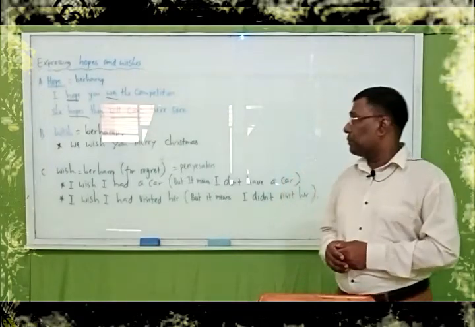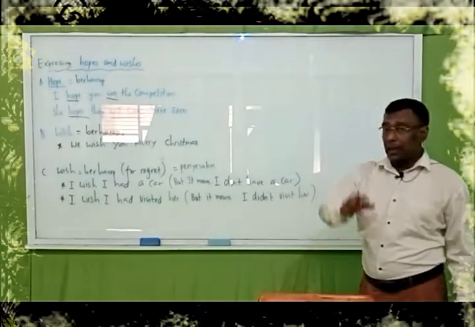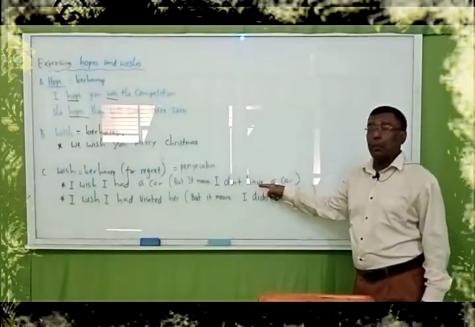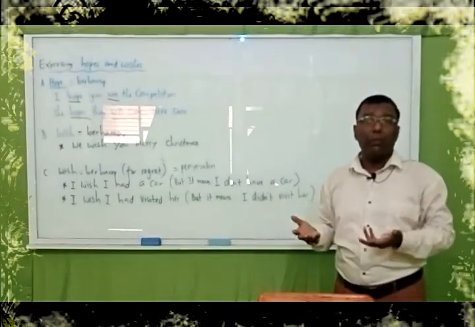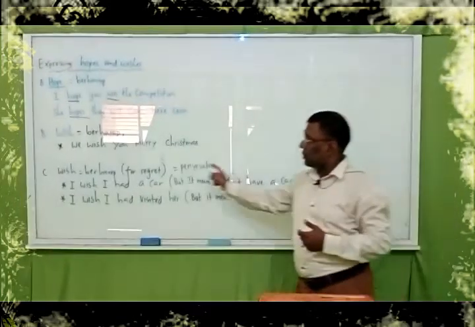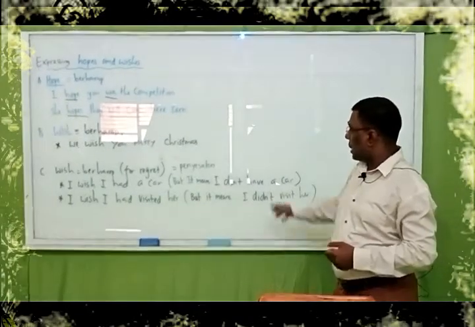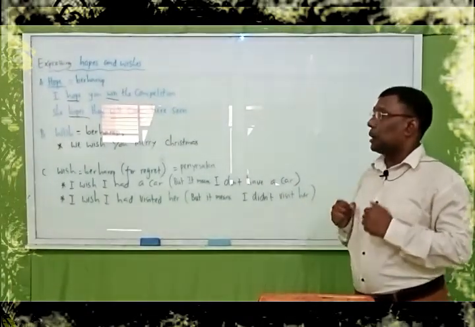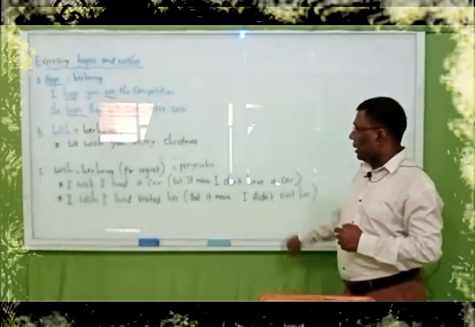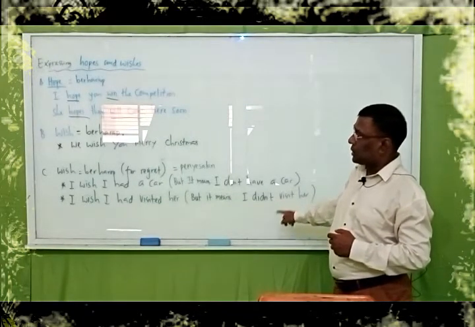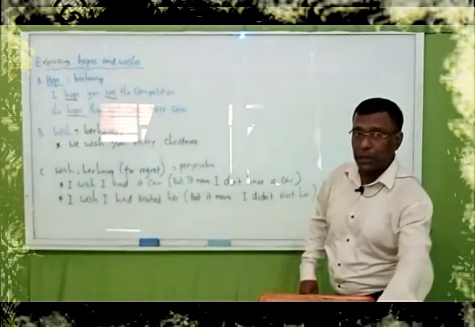The second example is for different tenses. If we talk about the present time, now, we use simple past or verb 2 if it is positive. I don't know, so I wish I knew. And the last is I wish I had visited.